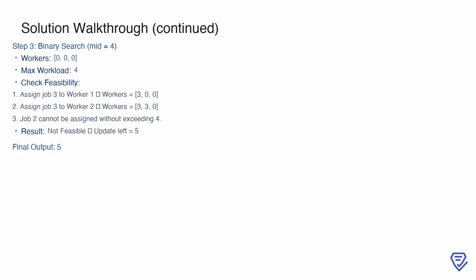The workers are initially empty at 0, 0, 0, and the maximum allowed workload is now 4. Starting with the largest job, we assign the job with time 3 to worker 1, resulting in workloads of 3, 0, 0. Then, the second job with time 3 is assigned to worker 2, updating the workloads to 3, 3, 0.